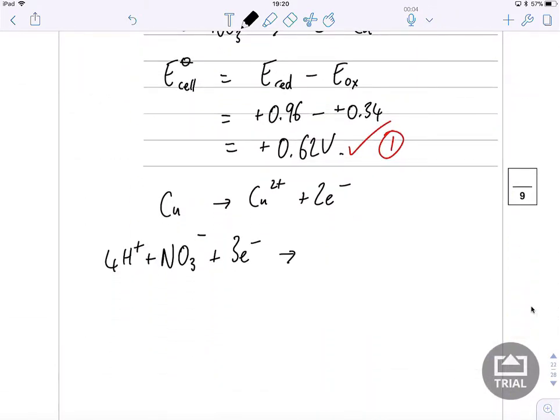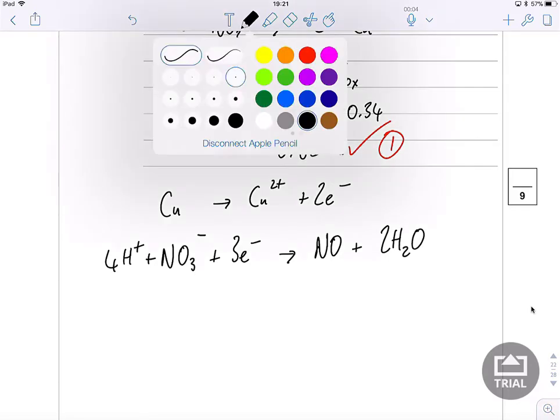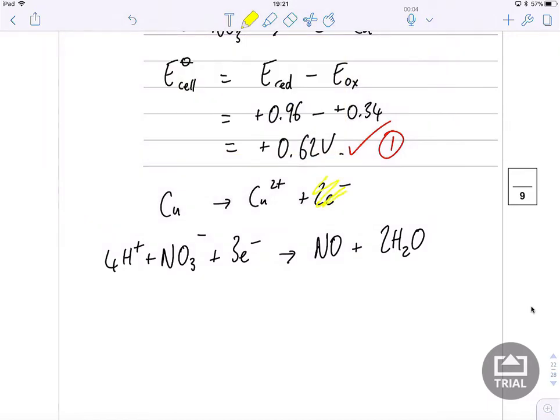3 electrons makes NO plus 2 H2O. So what I've got to do to make this work is look at the number of electrons that I've got in both my half equations. So I've got a 2 and a 3.